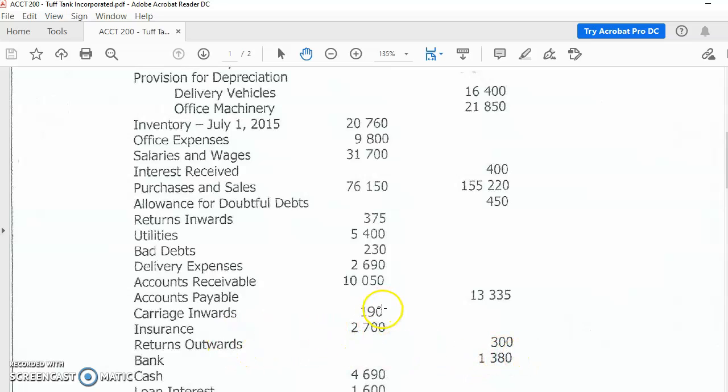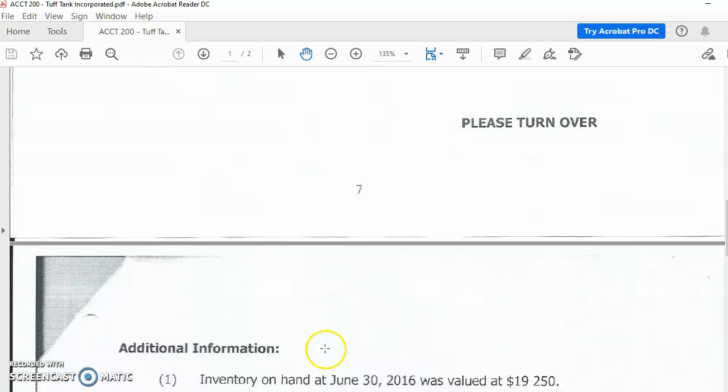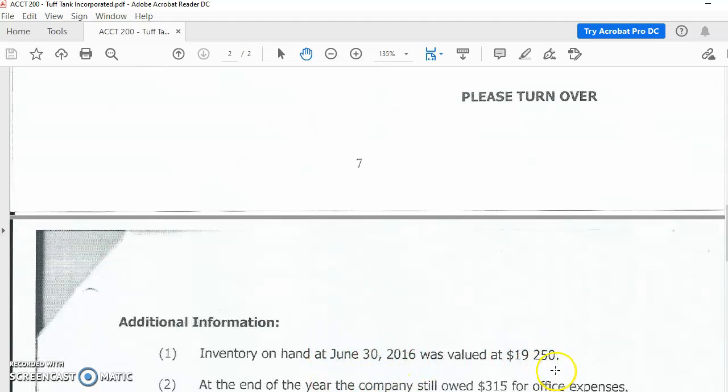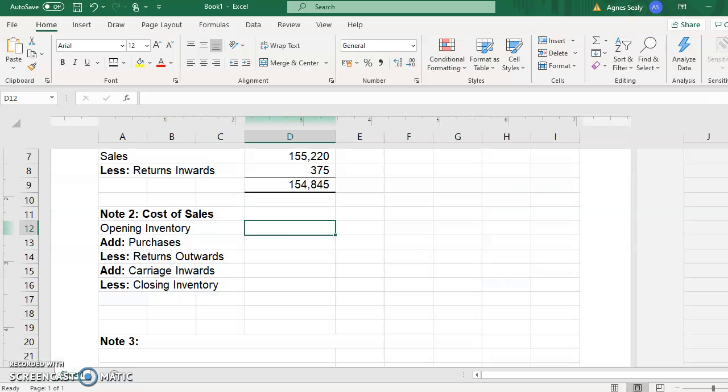Our carriage inwards is $190. And where we get our closing inventory from is the additional information. And our closing inventory is $19,250. So let's enter this information and find out what our cost of sales was, or our cost of goods sold. That's the other name for it.